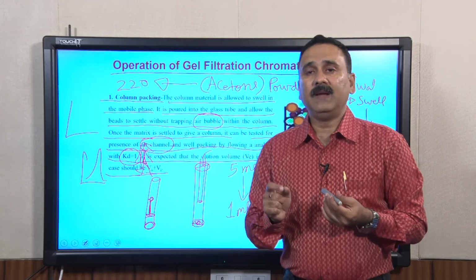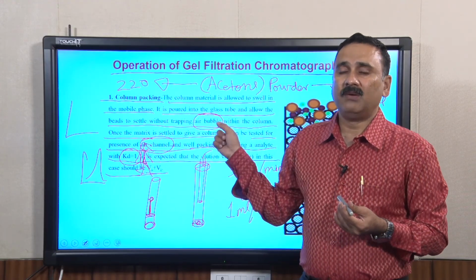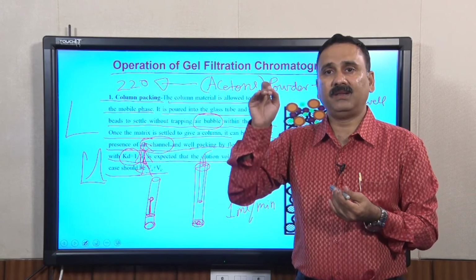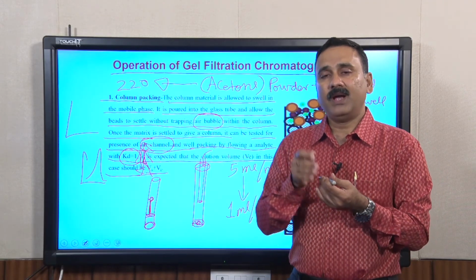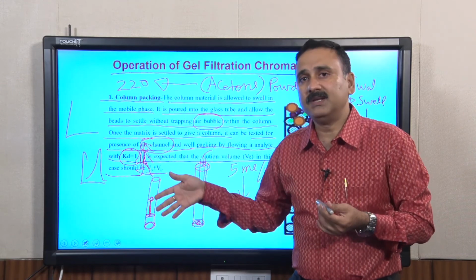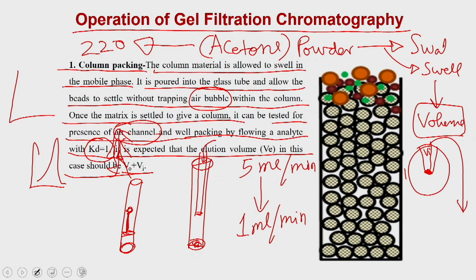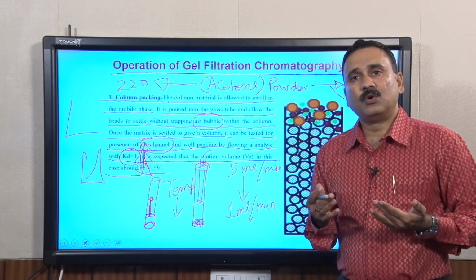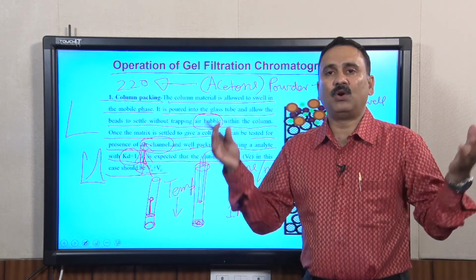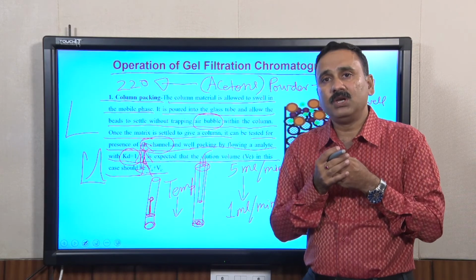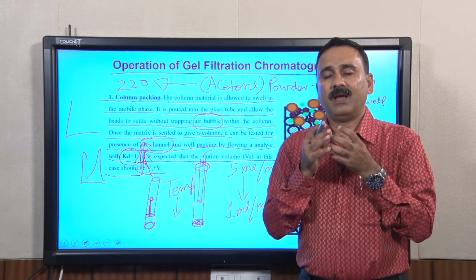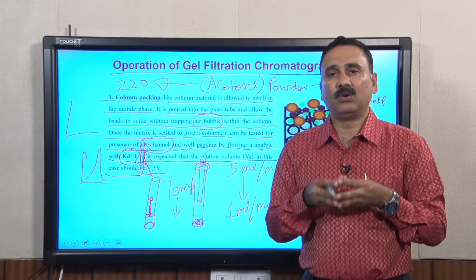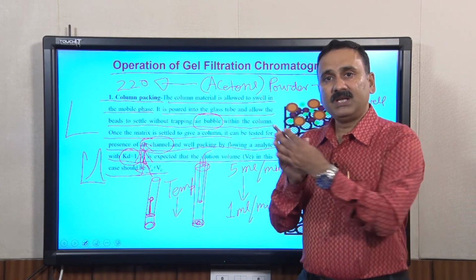That does not mean that it is not going to develop channels or air bubbles later. For that, the gel filtration column has to be packed at the same temperature at which you are planning to operate it. If you change the temperature of packing from the running temperature, the temperature is going to expand the liquids, and it is also going to expand the air present within that liquid.